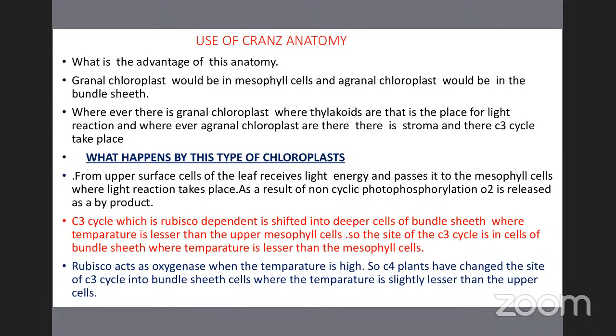And from high energy gradient to low energy gradient, these electrons are transferred through various electron acceptors. Finally, electrons are accepted by pigment system 1, but they do not come back to pigment system 2.